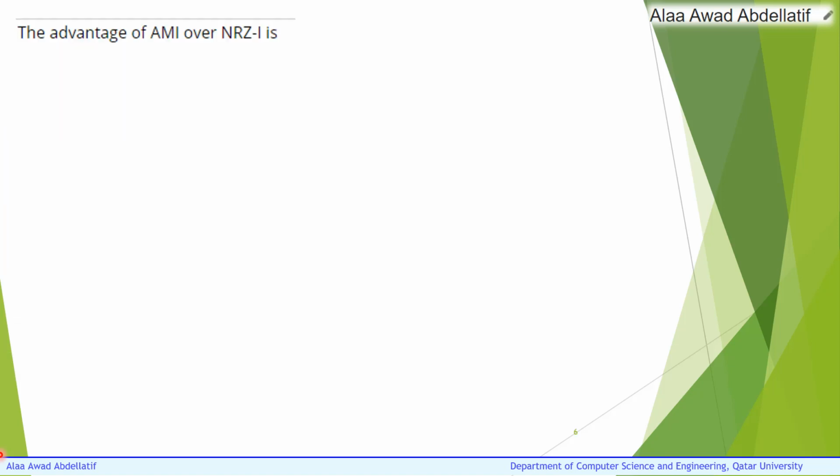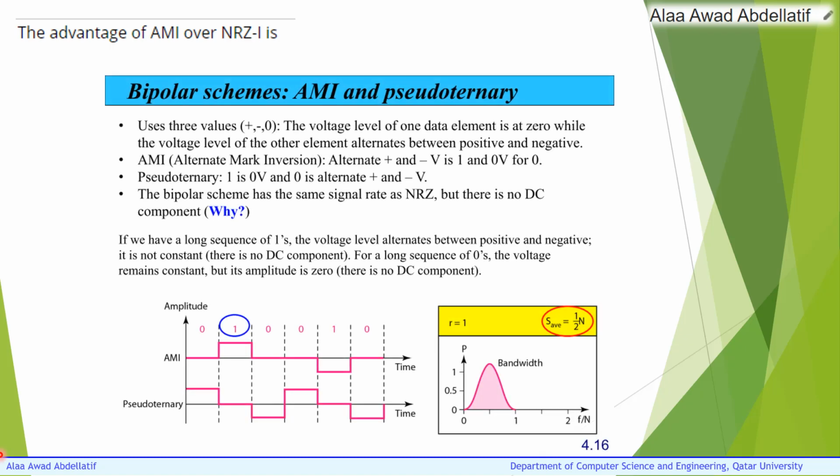What is the advantage of AMI over non-return to zero I? Exactly, the DC component is resolved. Why? Because in AMI, zero remains at zero.